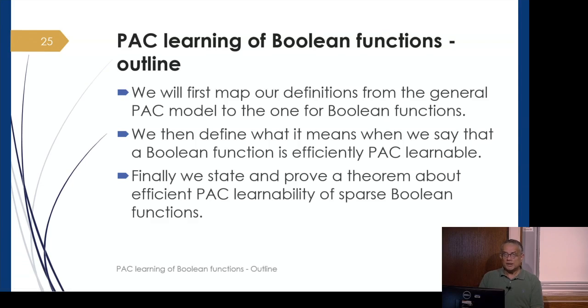One element that's particularly interesting and also useful to our data science portion is the concept we dwelt on when we were looking at the Fourier expansion of Boolean functions: the concept of sparsity. Sparsity means there are only a few important pieces of this function that determine its behavior.